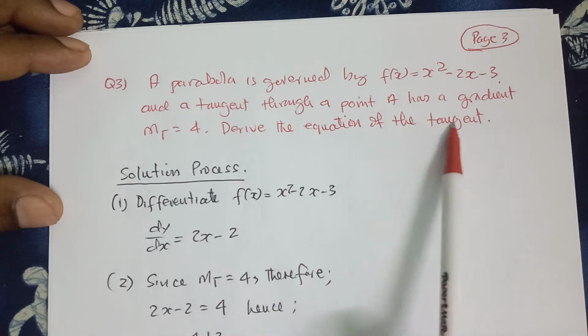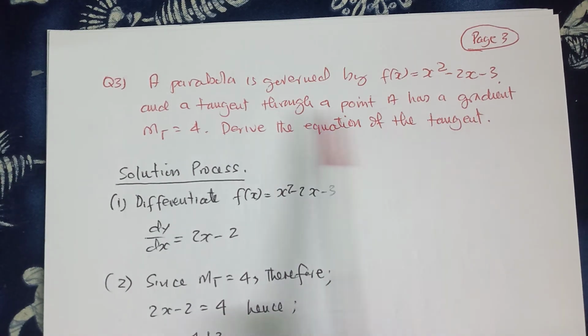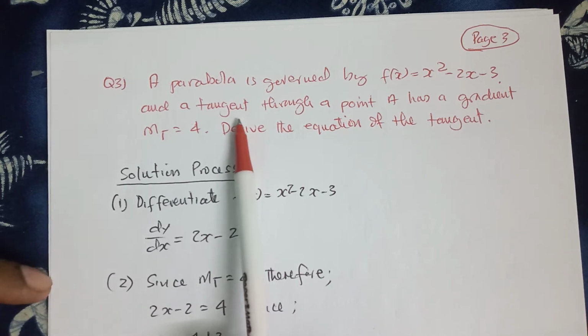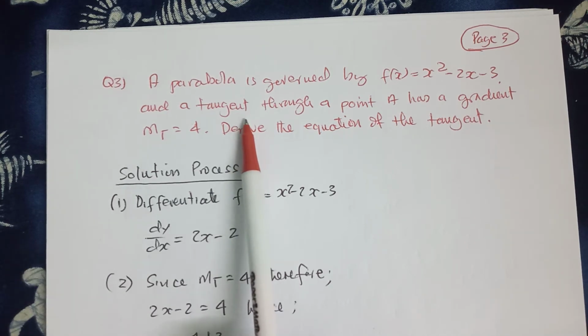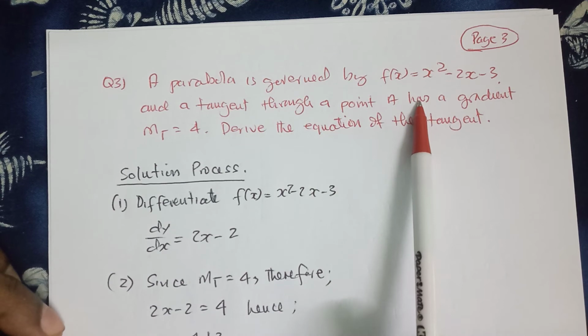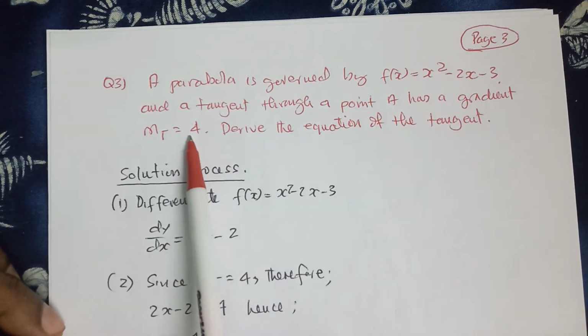Derive the equation of the tangent. This problem 3 is a little bit different to problems 1 and 2. In problems 1 and 2 we were given a point on the curve; we find the slope and use the point to construct our equation of the tangent. But here, we don't have a point, but we are given a slope.